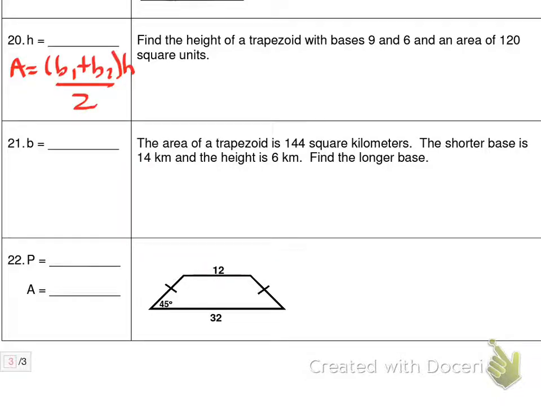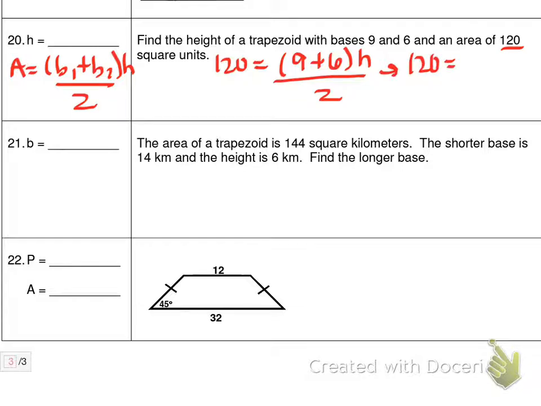Oh, sorry, it gives us our area is 120. So write that one first, and then bases are 9 and 6. Our height is what we're trying to find, divided by 2. Now, easy, first thing we can do is 120, and then add our 9 plus 6, which is 15, divided by 2 times h.